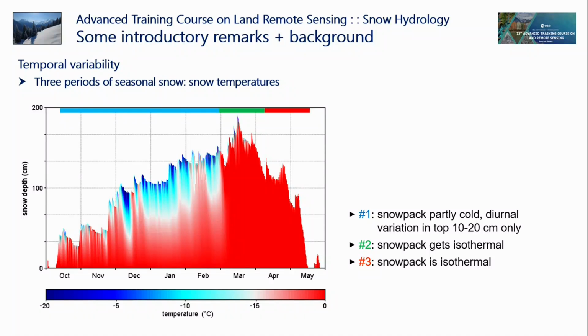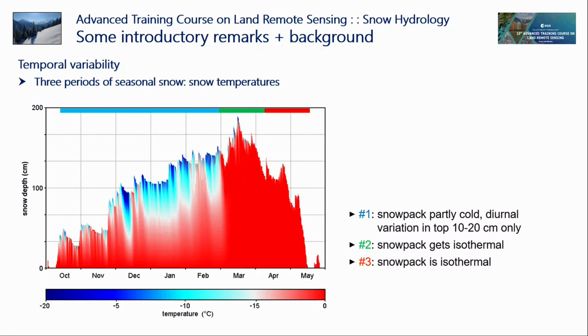In this case, we are looking at snow temperature. So basically just read one vertical line as a temperature profile you take on a given date, depending on where you are on the x-axis. If you take a general profile, you will see it's cold in the top 20 centimeters, somewhere intermediate, and you have isothermal 0-degree conditions for the lower half of the snowpack.